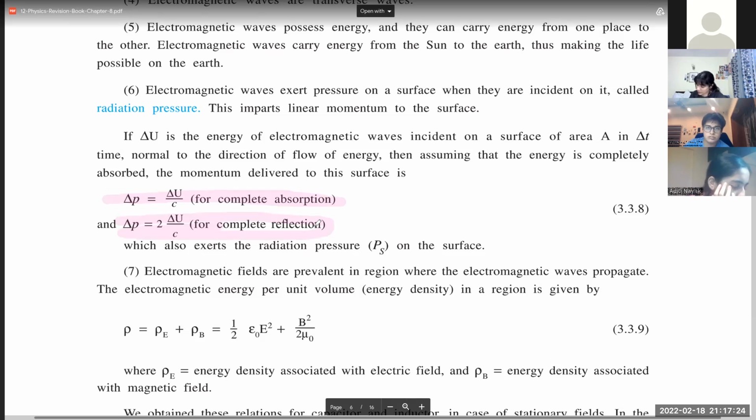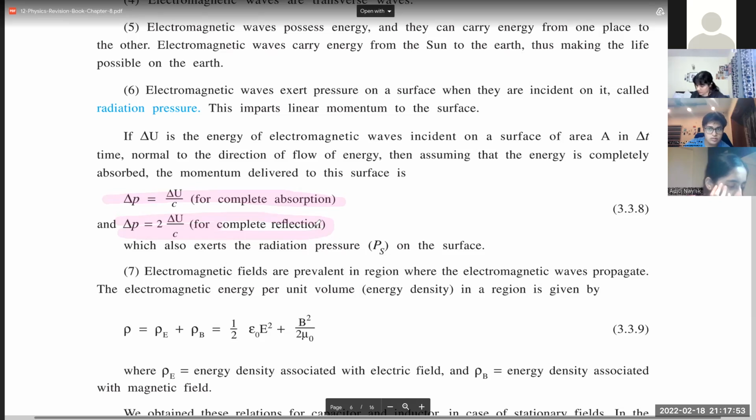What is the final momentum of the ball? 0. What is the change in momentum? Change in momentum is final minus initial, 0 minus 1, which is minus 1.